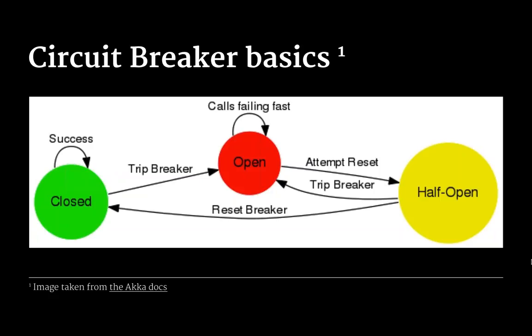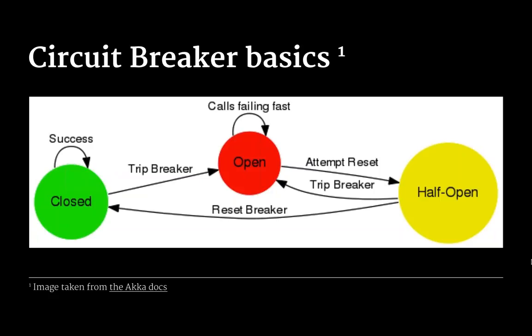We don't want to be in the open state, but we got here because we detected too many failures successively. When a circuit breaker is in the open state, it's not going to let anything through. Any call we try to send through that breaker is going to fail fast. That's what we want. We want that fast failure because we've realized we're in a pattern of consistent failures from whatever is on the other end of the circuit breaker.